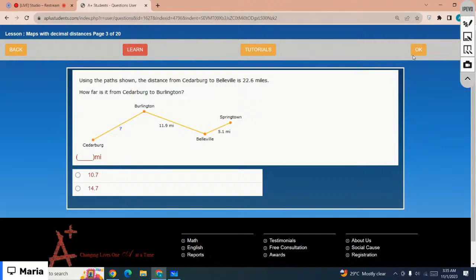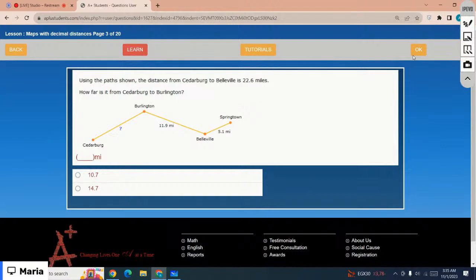So you have to do 22.6 minus 11.9 minus 5.1. So the correct option is... how far is it from Cederberg to Belleville?